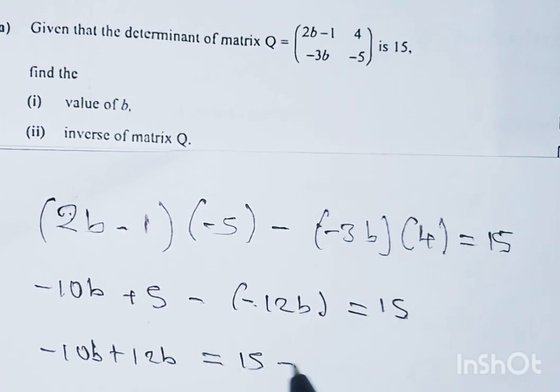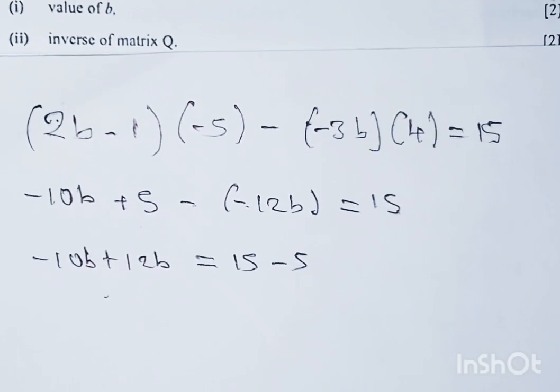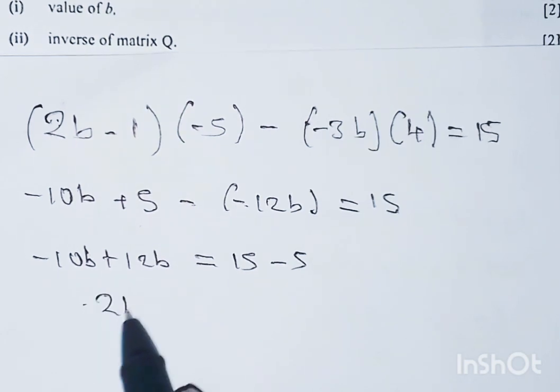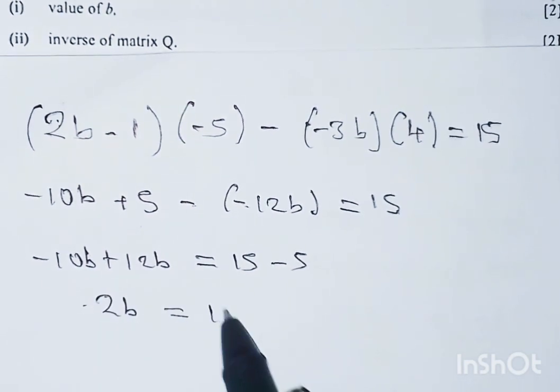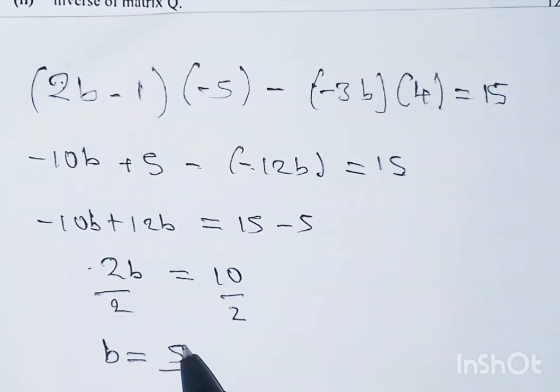Take the 5 to the other side, we say minus 5. So this will give us 2b will be equal to 10. Therefore we divide by 2, which means our b is 5. Our b is 5. Okay.